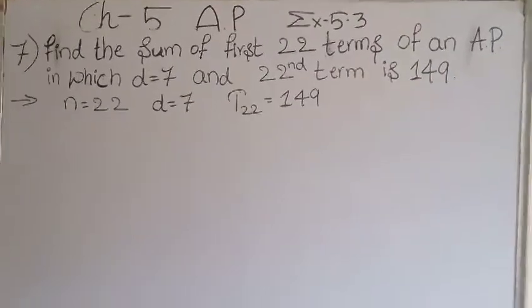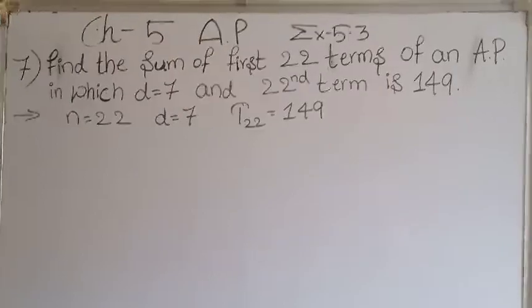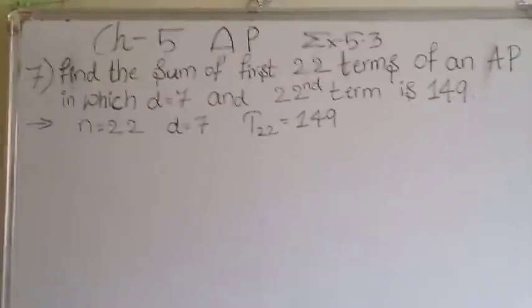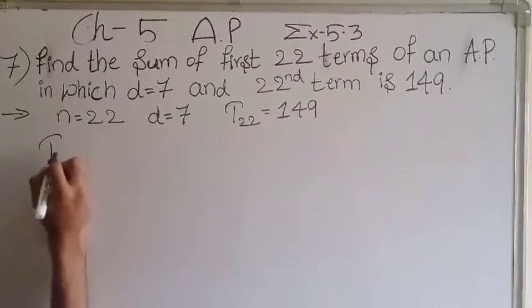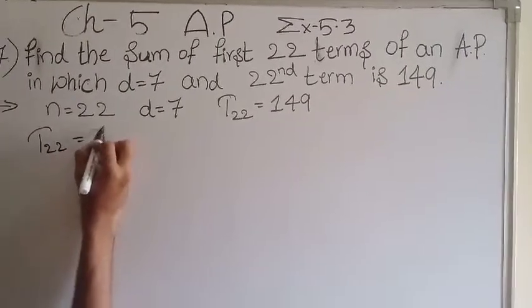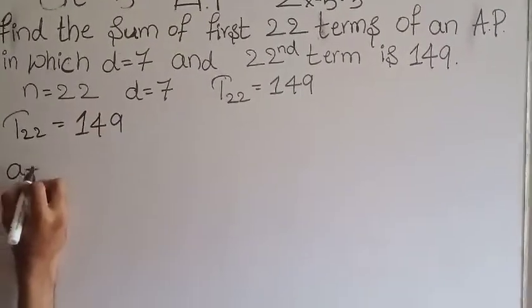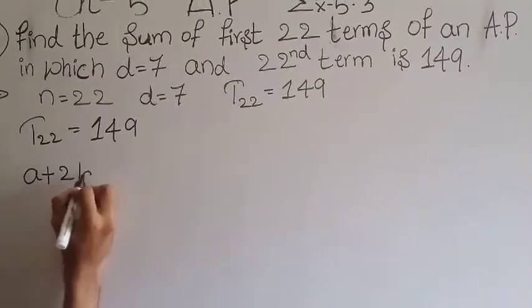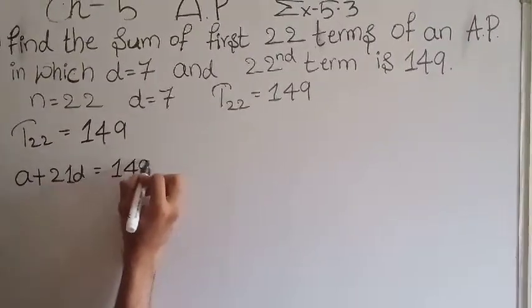If you want to find the sum, we need the a value also, right? We have to find a first with the help of an, or you can use the T22 term also. How to write this? T22 equals 149 is there. T22 equals a plus 21D equals 149.